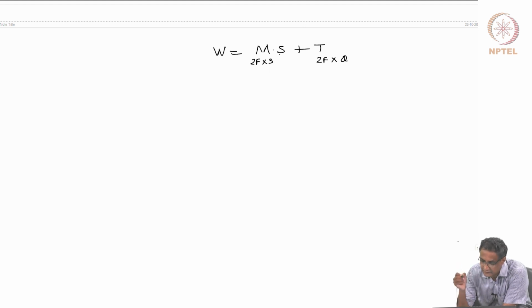It's actually a rotation. And S is the structure, so this had 3 cross Q. You had Q scene points, and therefore this guy will be 2F cross Q.